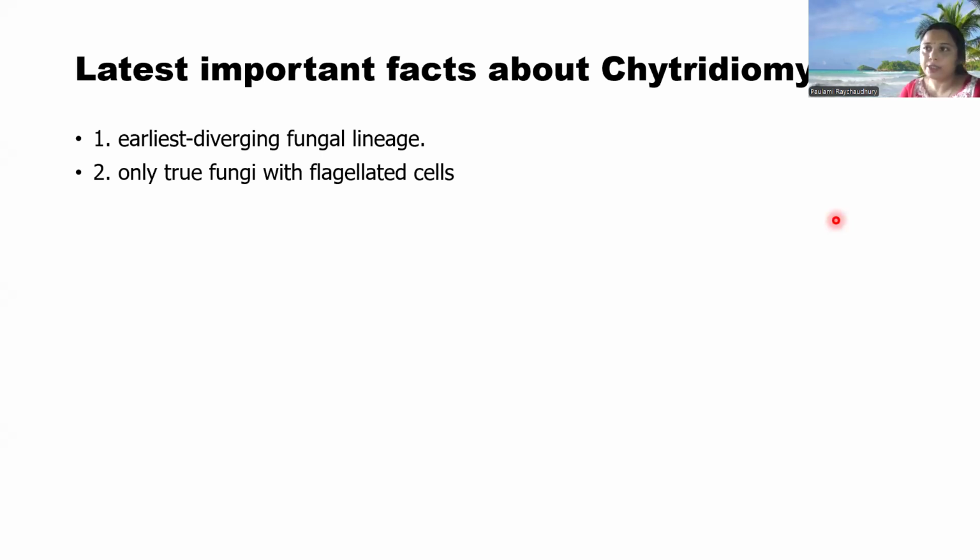They diverged first from the fungal lineage. Fossil and molecular clock evidence places their origin around 600 million years ago. These are the only true fungi with flagellated cells. They produce motile zoospores with a posterior single whiplash flagellum, adapted to aquatic or moist terrestrial habitats.